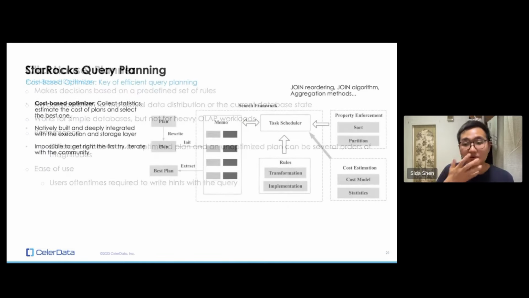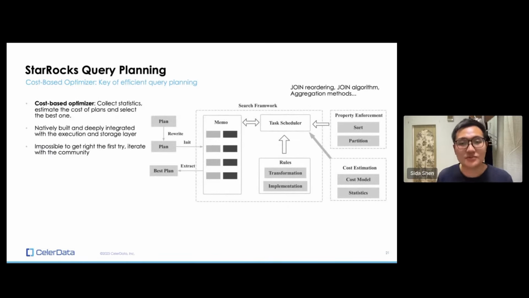But in comparison, StarRocks uses a cost-based optimizer, and that's the first key differentiation for efficient join operations. The cost-based optimizer collects statistics, estimates the cost of each plan, and uses a greedy algorithm to select the best one.